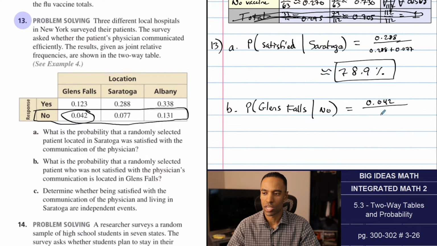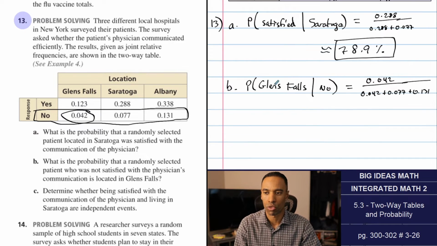That is 0.042 out of the sum of 0.042, 0.077, and 0.131. So out of that sum of those three. By the way, when I do this in my calculator, I just did it for the last one, so I'm going to show you here. 0.042 divided by, I'm going to be using parentheses on the sum, 0.042 plus 0.077 plus 0.131.